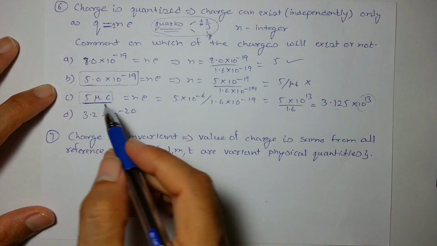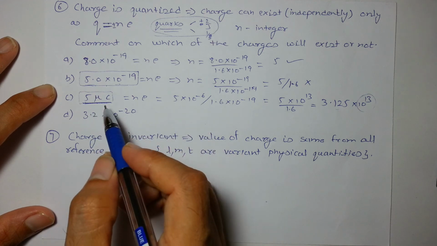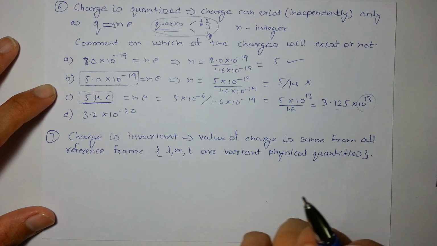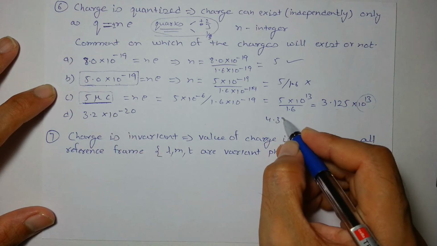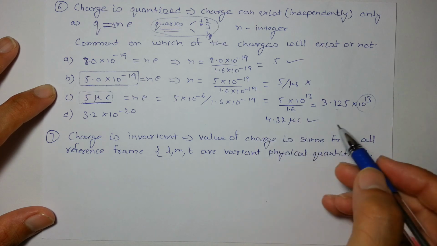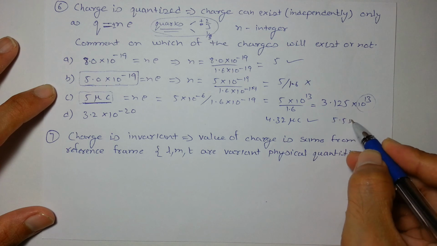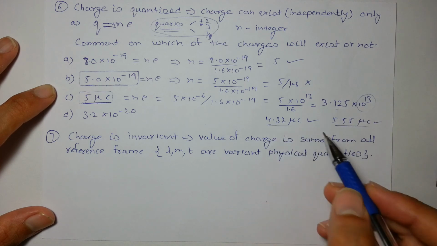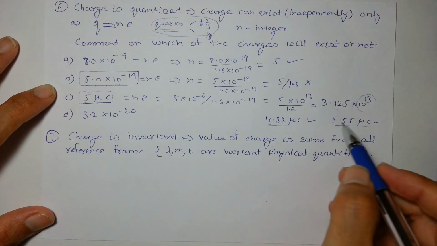If you ask whether 3 coulomb will exist, I'll say yes. If you ask whether 3.125 coulomb will exist, yes. 4.32 microcoulomb will exist, yes. 5.55 microcoulomb will exist, yes. These are larger charges, so they will exist no matter what the value is.